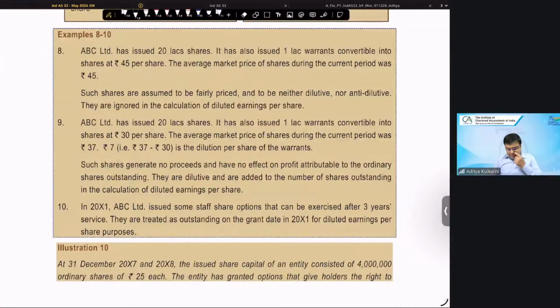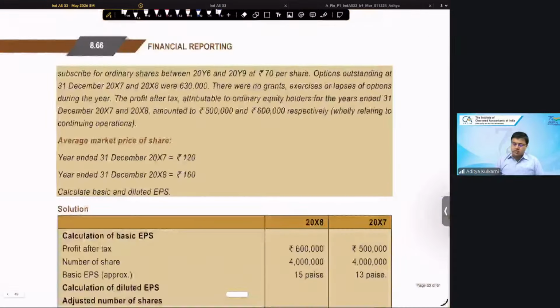At 31st December 20x7 and 20x8, the issued share capital of an entity consisted of 40 lakh ordinary shares of rupees 25 each. The entity has granted options that give holders the right to subscribe for ordinary shares between 20y6 and 20y9 at rupees 70 per share.